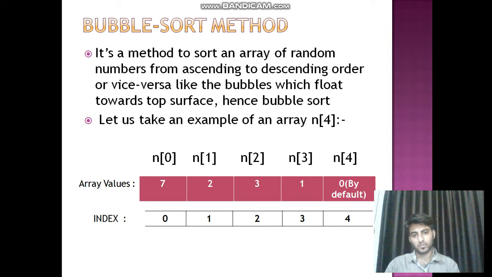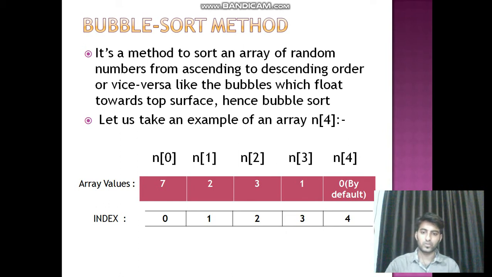Likewise, in bubble sort method, small numbers are shifted to the front of the array or at the starting positions, and the higher numbers are successively placed towards the end, with the highest number placed at the end and the lowest number placed at the beginning. So this is a brief, quick note on the sorting of an array.